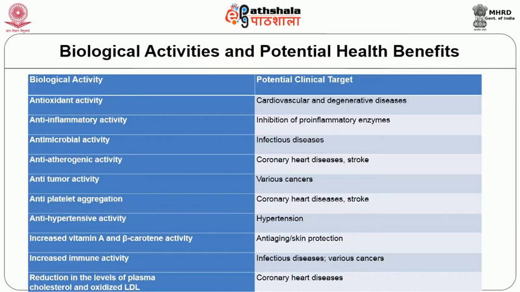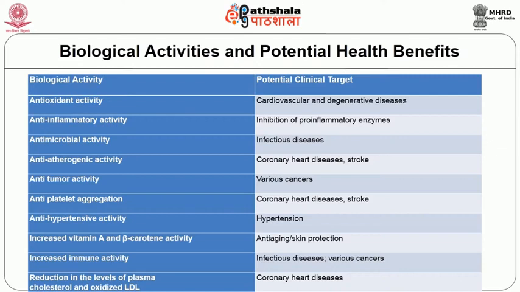Olive oil has an anti-atherogenic activity, meaning to say that it can prevent the formation of atherosclerosis and thereby prevent coronary heart diseases and stroke. Anti-tumor activity is also seen in olive oils and therefore they are very good in preventing various cancers.